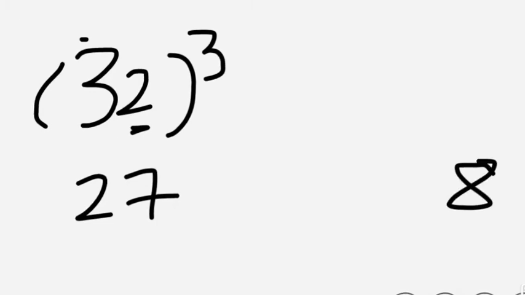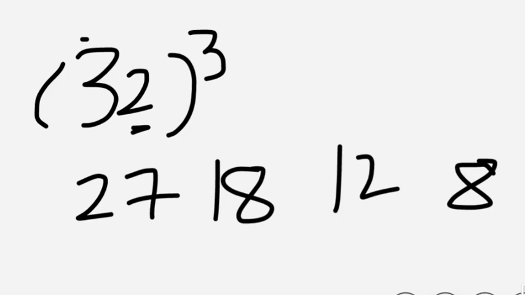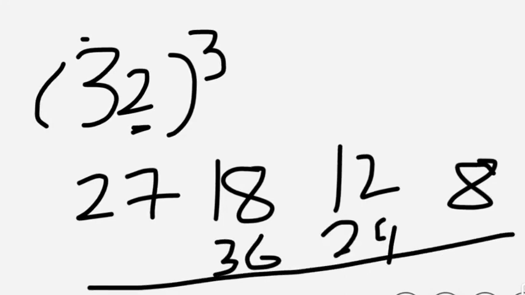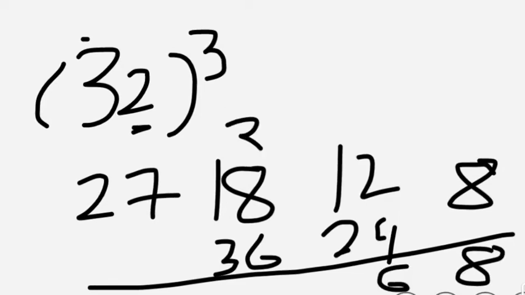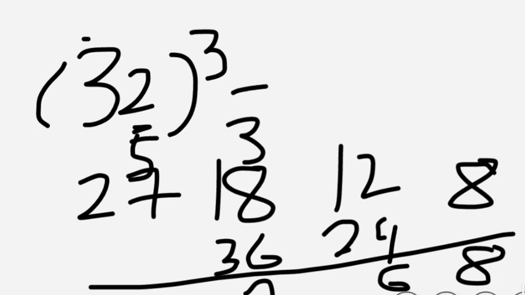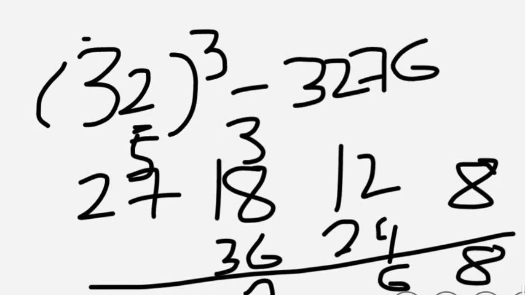A square B in the sense 3 square into 2, 9 into 2, 18, next 2 square into 3, so 12, so double the middle product, 24, 36, add this, 8 and 6, so 36 means 3 carry over, 21 plus 36, 57, so 27 plus 5, 32, so 32 cube is 32768, okay.